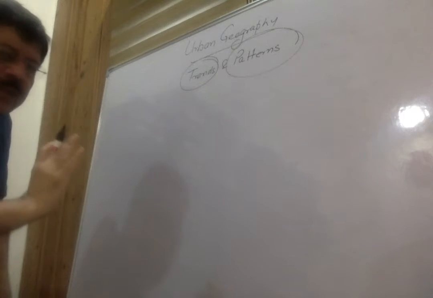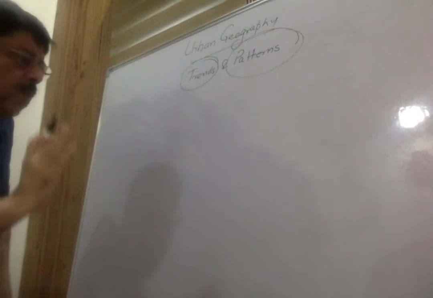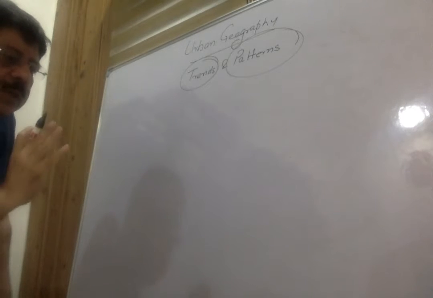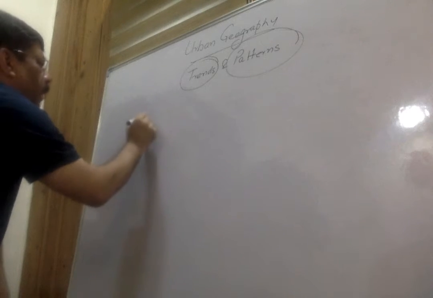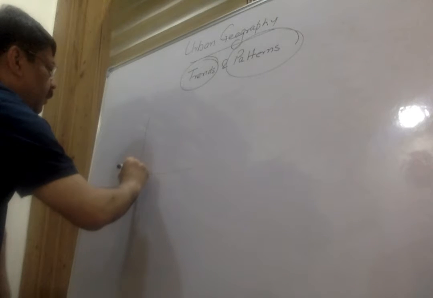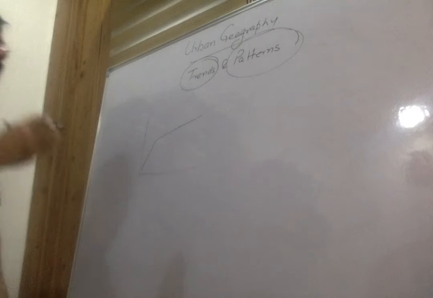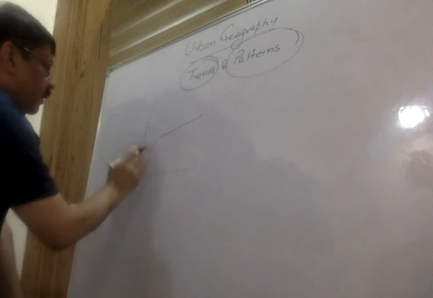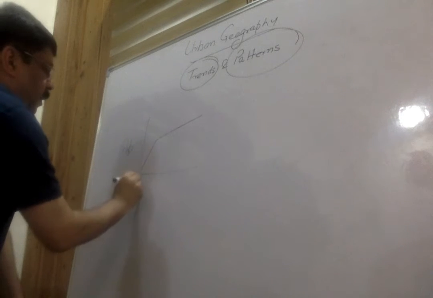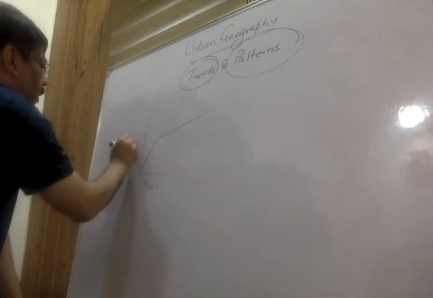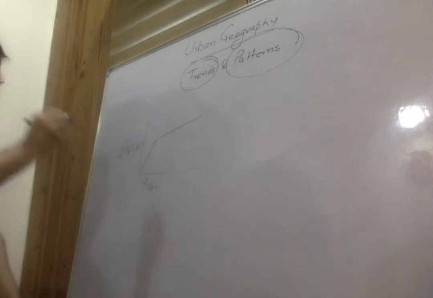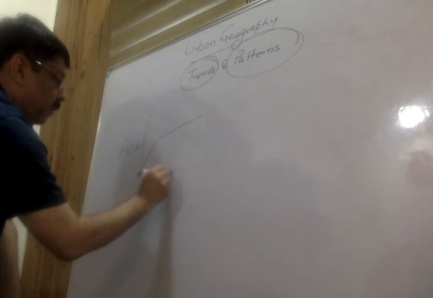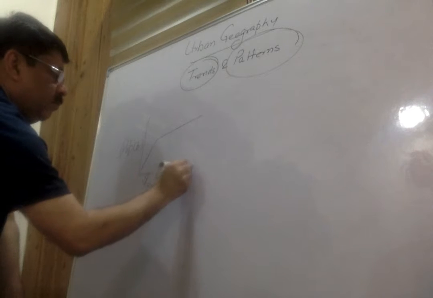So, what is trend and what are patterns? It's very simple. If we plot world population growth on a simple graph, suppose this is population in billions and this is year: 1911, 21, 31.